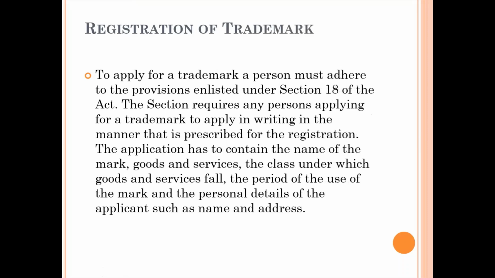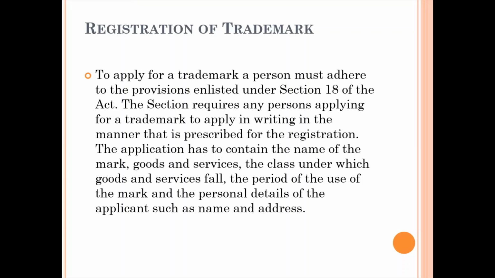It also provides the registration process of a trademark. To apply for a trademark, a person must adhere to the provisions enlisted under Section 18 of the Act. It means under Section 18, the registration process is defined. The section requires any person applying for a trademark to apply in writing in the manner prescribed for registration.